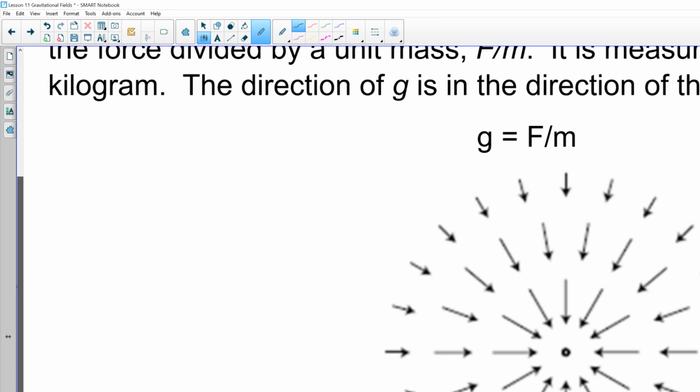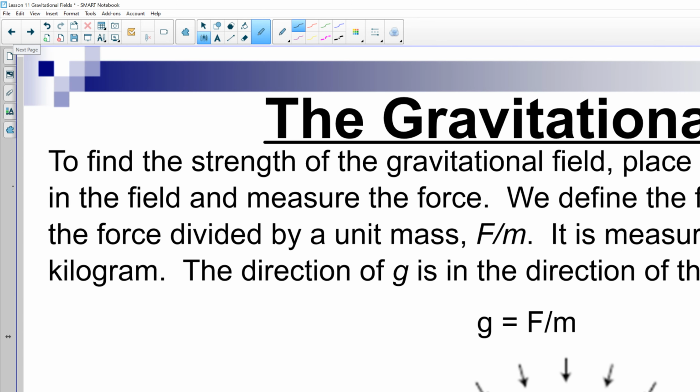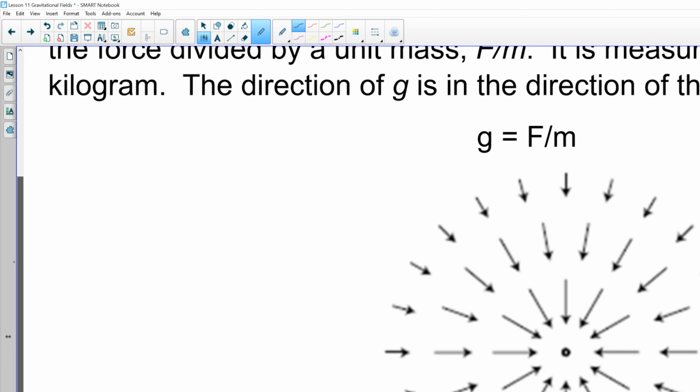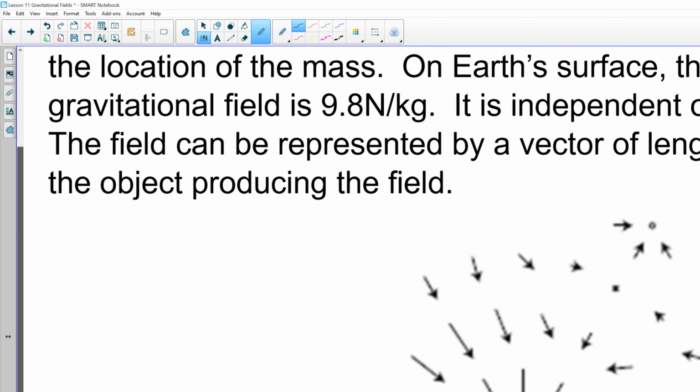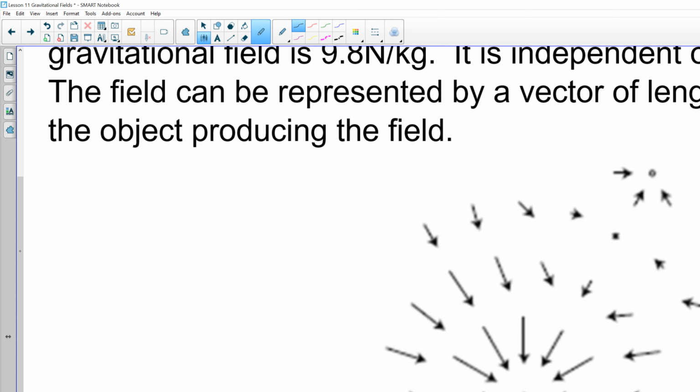Now, if I introduce a second body into this, what's going to happen to some of those arrows? Yeah, they're going to start changing direction, right? Because now I'm going to have two competing gravitational fields. Like this. Okay, so let's say that this is the Earth and the Moon.